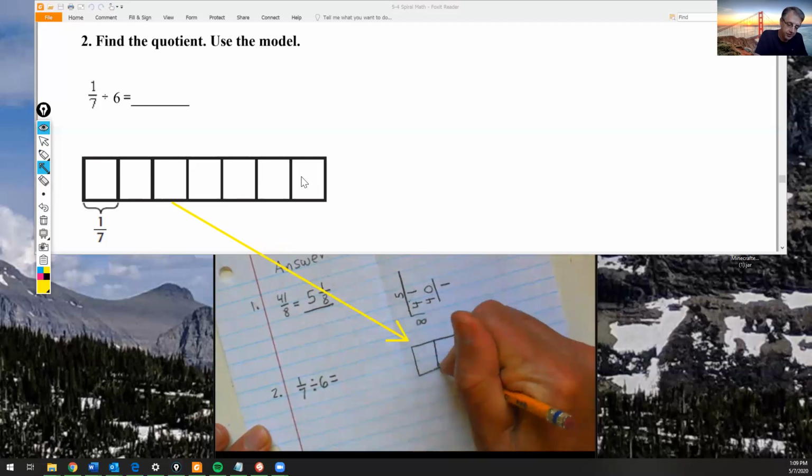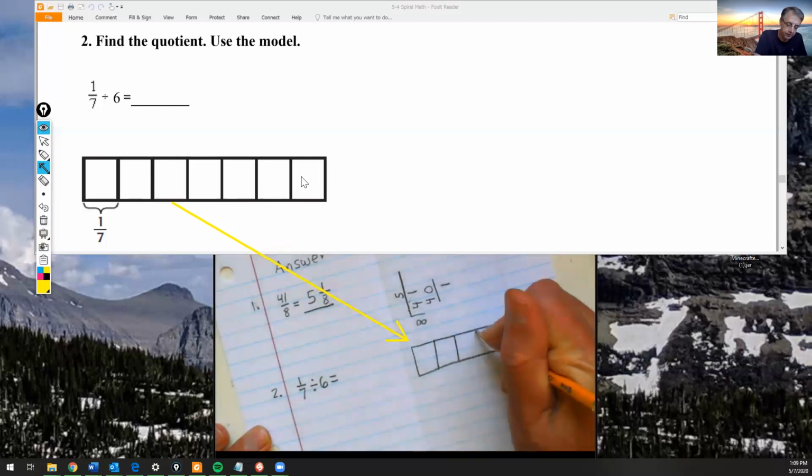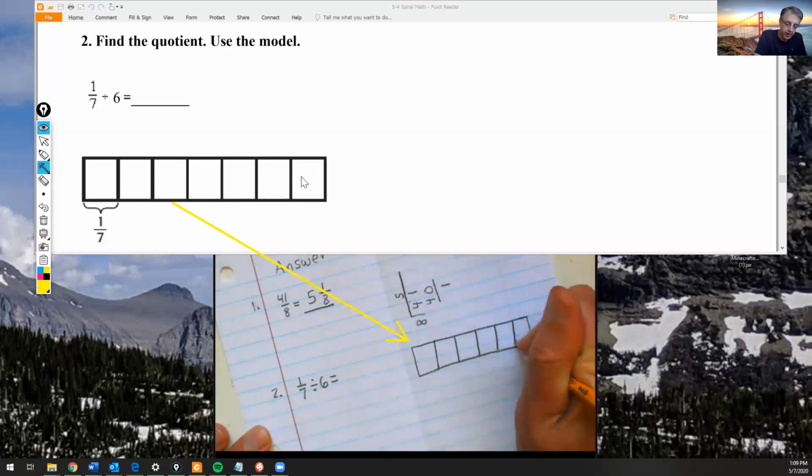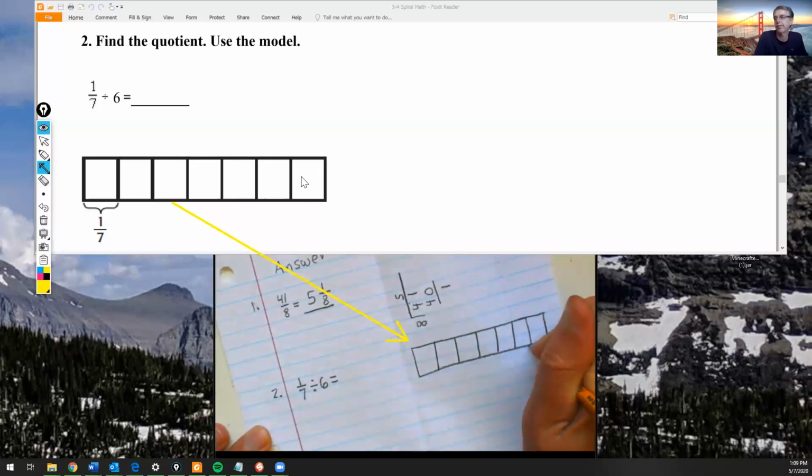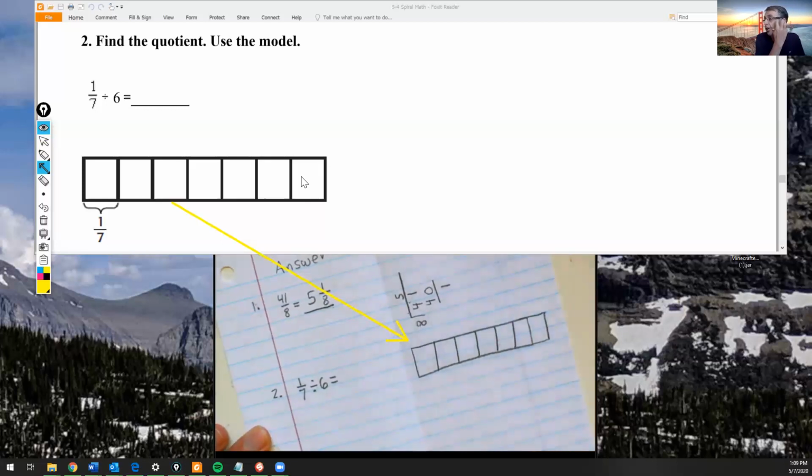So they had 7 spaces inside this unit bar. 1, 2, 3, 4, 5, 6, and I'll add 1 more to make it 7 spaces here. Now what I'm doing, boys and girls, is taking the first part of the unit bar, which is divided into 1/7 right here.